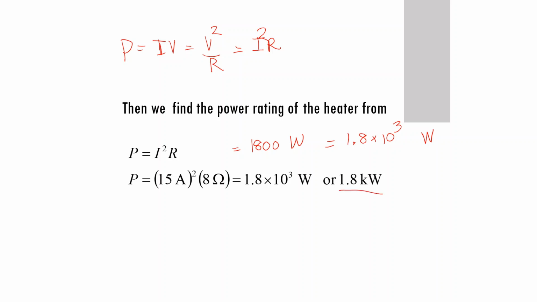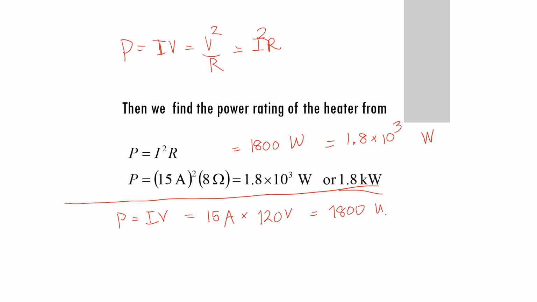Okay, what if you don't want I squared R and want to try something else? We can try another. P equals IV. We know that I equals 15 ampere and V is equal to 120 volt. So the answer is the same, 1800 watt.